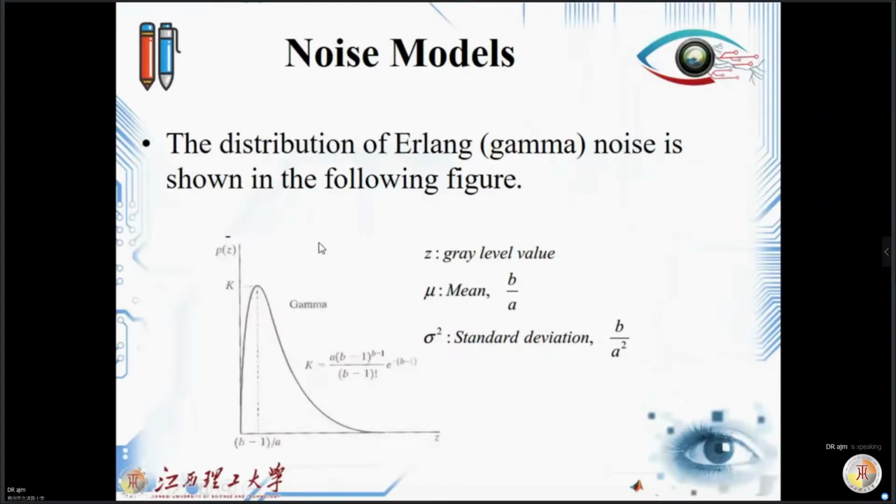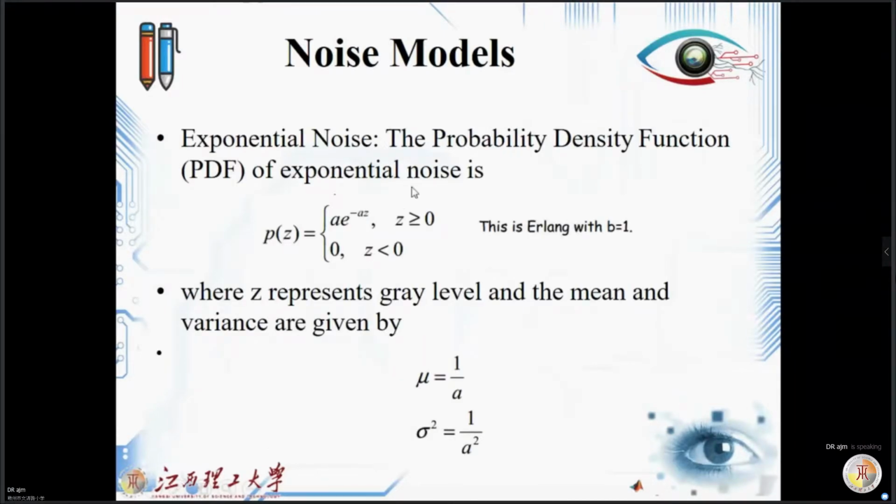Then exponential noise is another form or model of noise, which has the probability density function, or PDF, of exponential noise. Now we become more near to the Erlang noise model, and we can say this type of noise is near to the Erlang noise when the parameter b is equal to 1.